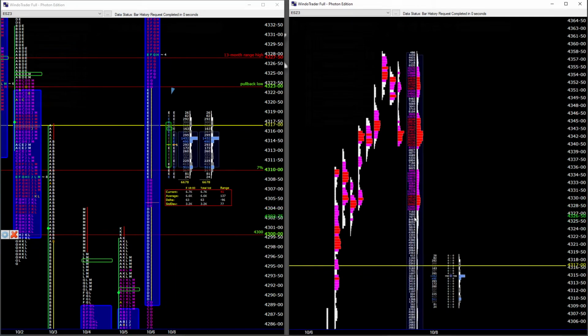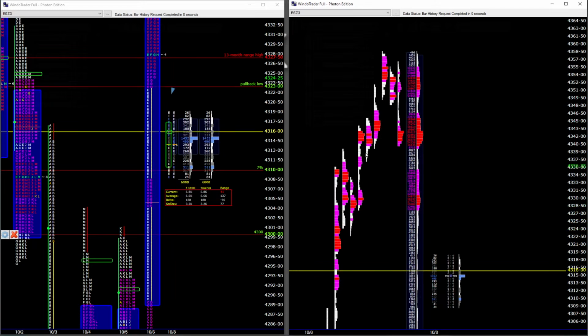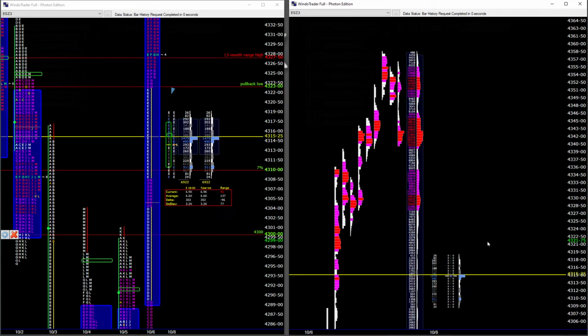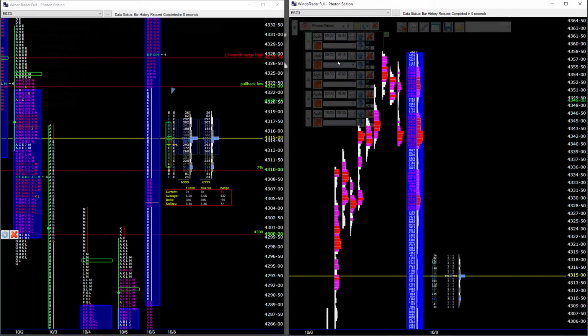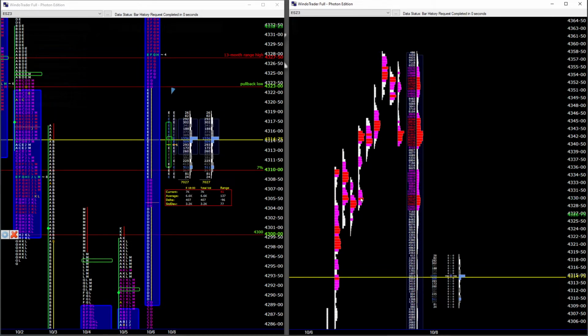So there's a lot of buying here. Why do I say buying? Because the market was going higher. If this was selling, the market would be lower, but it was buying here. All of these longs right now are underwater.